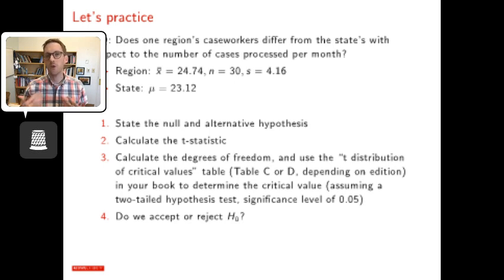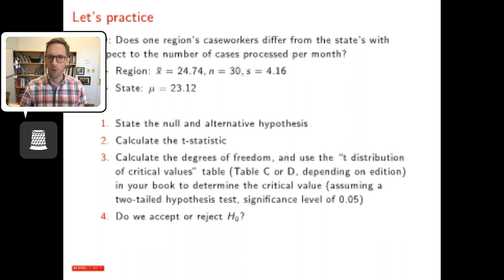Or could we assume that this difference is due to chance alone? So state your null and alternative hypothesis. Use the formula from 2 slides ago to calculate the t-statistic. Remember, it's the same formula as the one sample z statistic, but we're substituting in the sample standard deviation. Then calculate the degrees of freedom, all right?